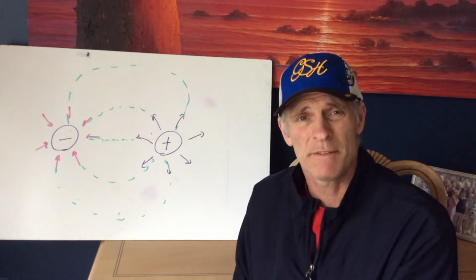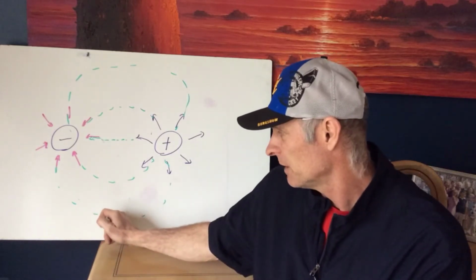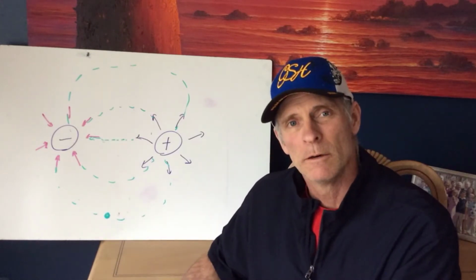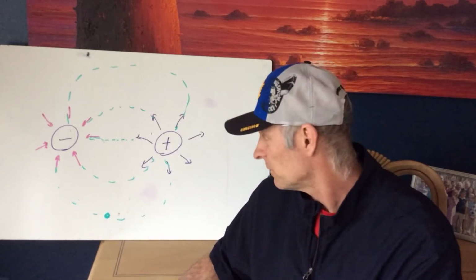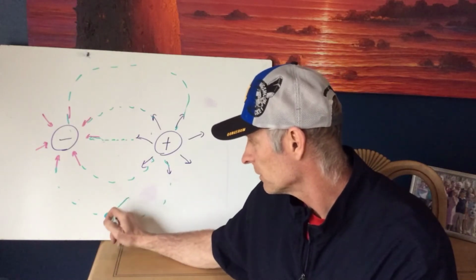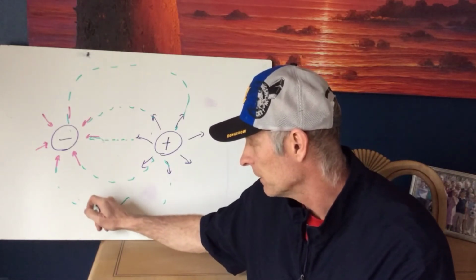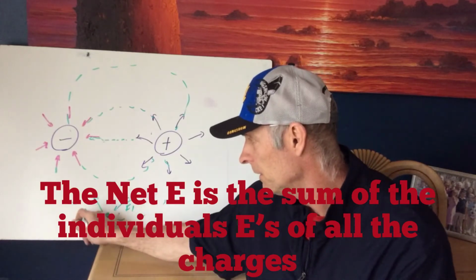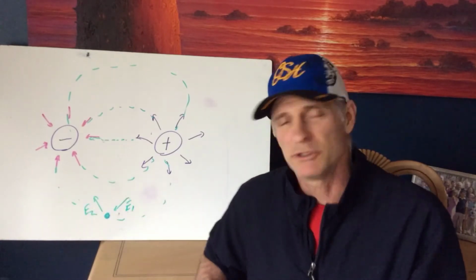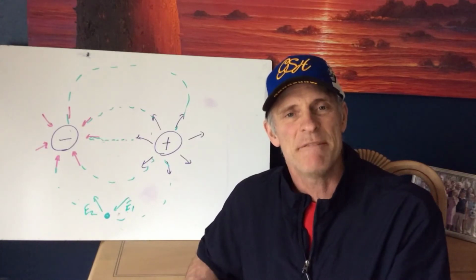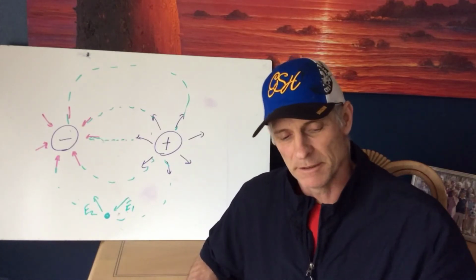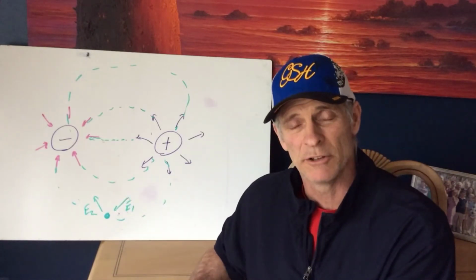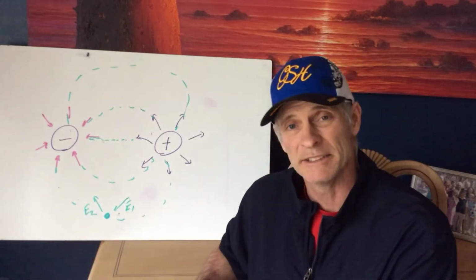Now, if I wanted to find the net electric field at some certain area out here, there would be an electric field from this place going like that, and from that place going like this. So this would be E1, and this would be E2. But you could see that there would be a net vector. Portions of that line are going down, and portions of this line are going up.